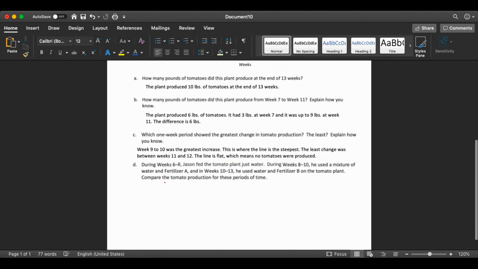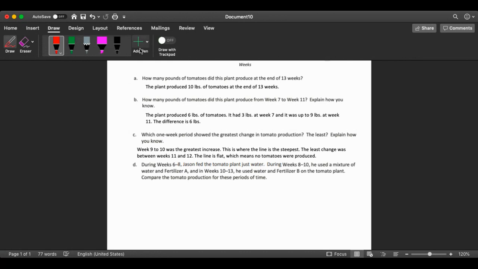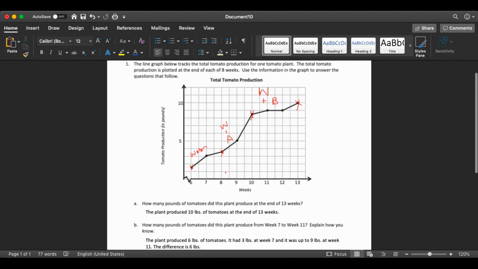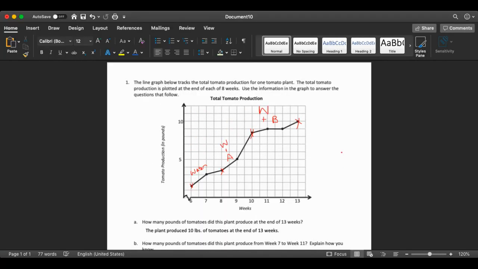Okay, so when I look at those, I'm just going to talk about this, and then when I put the answer key on the slideshow, you guys can see my explanation. So when I look here, I'm noticing from 6 to 8, it is increasing. So it looks like the water helped the tomatoes.